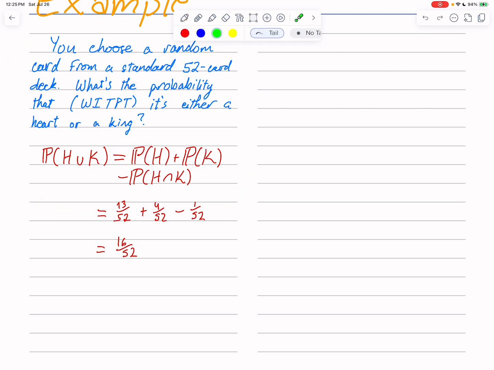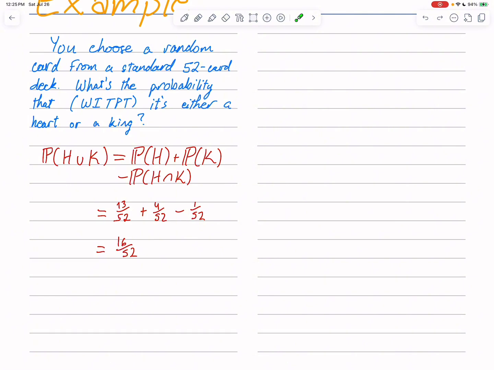Now, one thing I want to briefly reflect on is that what you can see from our example here is that the formula we derived for the union is effectively, especially if you already know the probability of H and the probability of K, exchanging a probability of a union for the probability of an intersection. And is that useful?